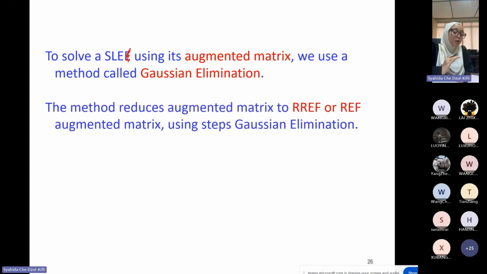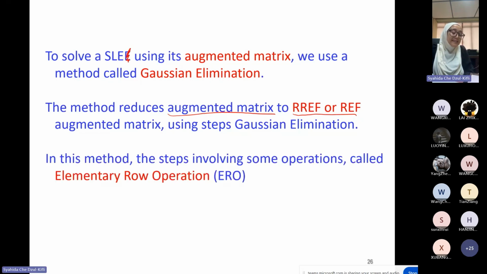The aim of the Gaussian elimination method is to reduce the augmented matrix to a special form, either RREF or REF form, using the steps in Gaussian elimination. This method involves some operations called elementary row operations, and there are 3 types of elementary row operations. Okay, is that clear?